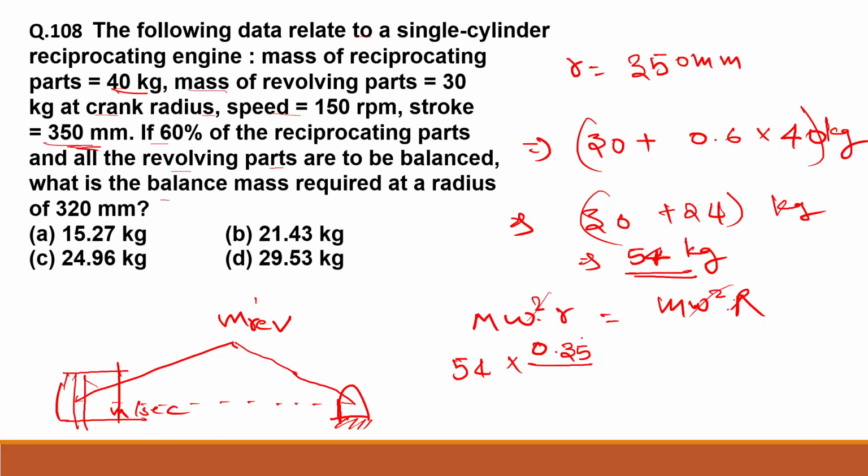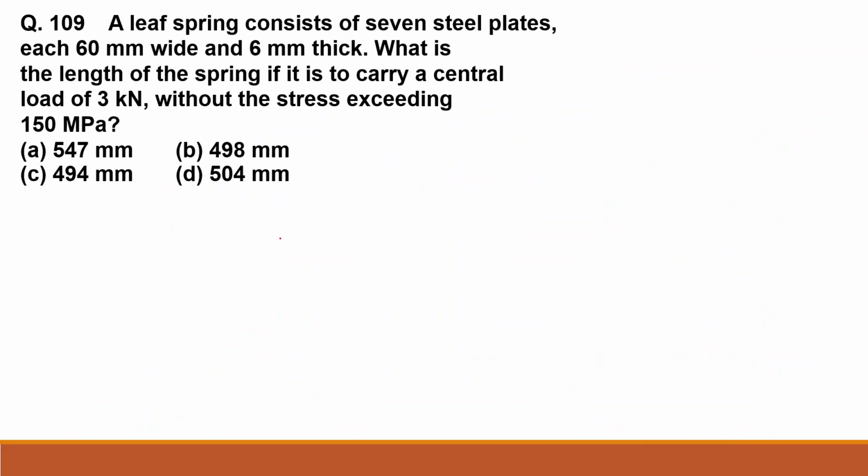Then m into r is equal to 0.32, because the r is given in this data. Directly I came here to solve this answer. After solving this I get the value of m is equal to 29.53 kg, which will be our right answer. Option D will be our right answer. Moving to the next question.